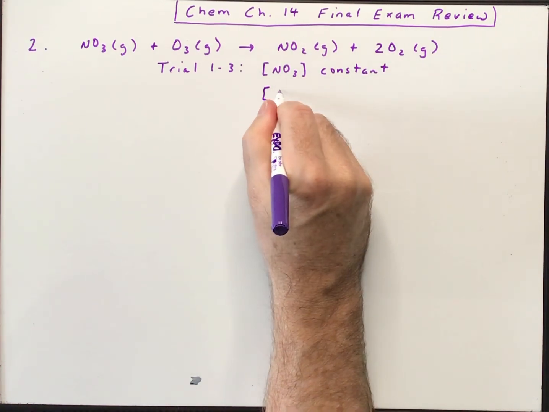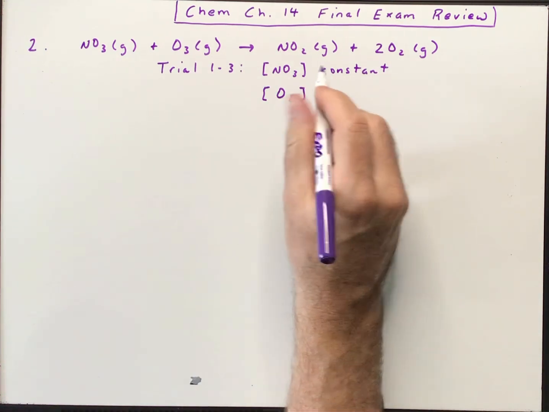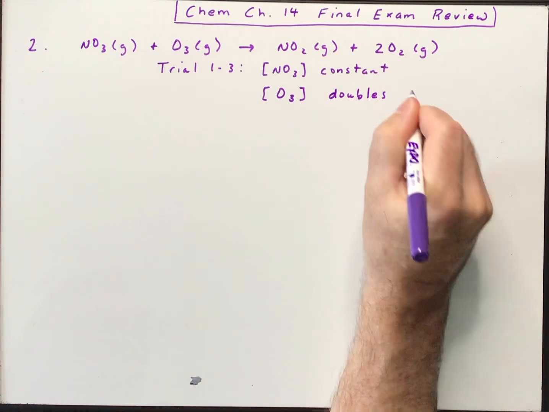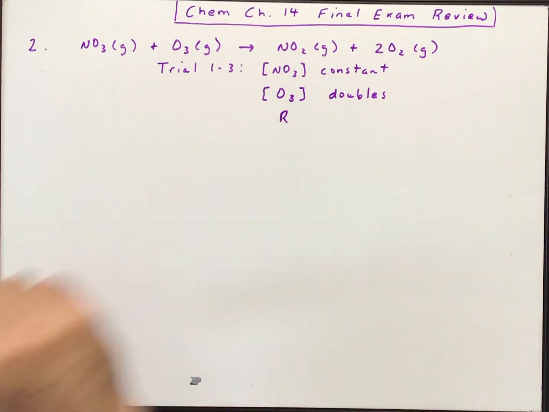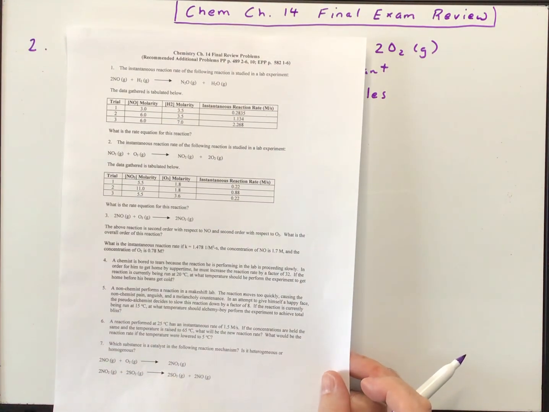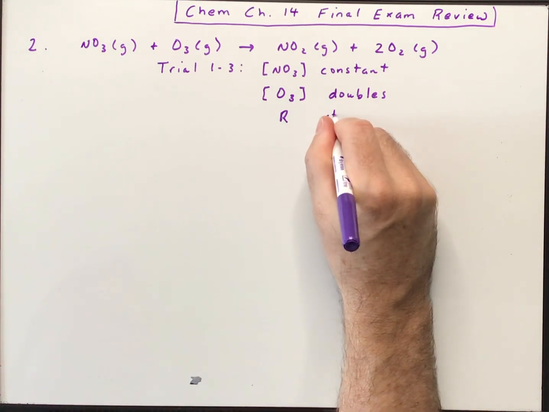So what happens to ozone? Well, if you look at the table between 1 and 3, it doubles. It's always going to do that. And then the reaction rate between 1 and 3 goes from 0.22 to 0.22, so it stays the same.